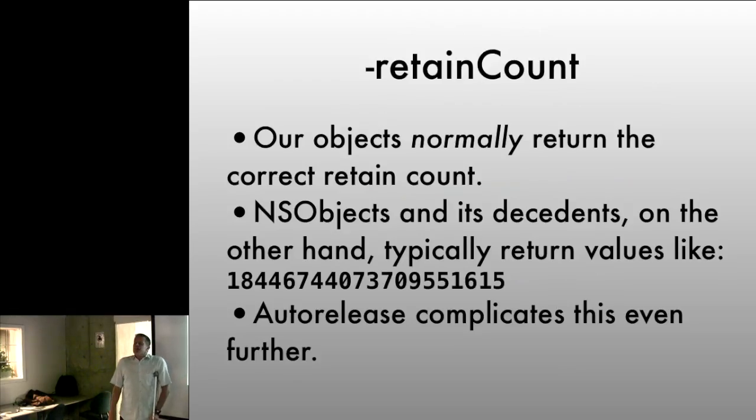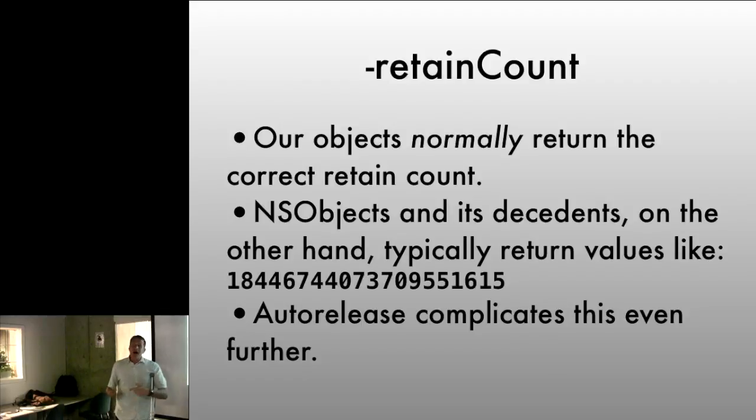We didn't mention this in the last lecture, but there's a message that NSObjects also respond to, and that is retainCount. So not only do they respond to release and retain, but they have an internal method called retainCount.